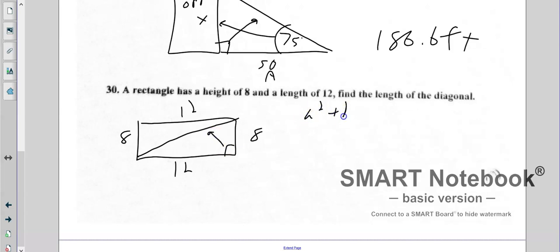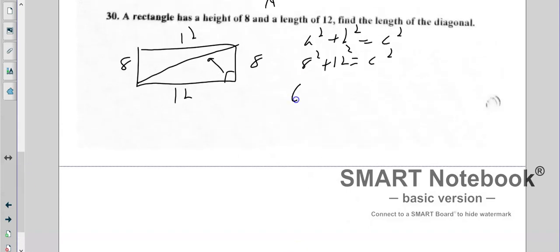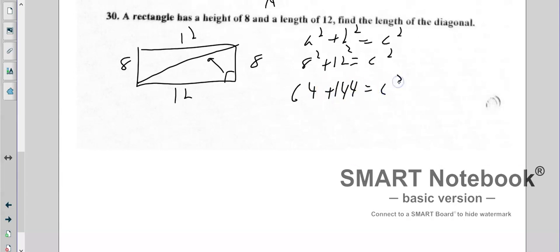So a squared plus b squared equals c squared. 8 squared plus 12 squared equals c squared. That's 64 plus 144 equals c squared. That's 208.